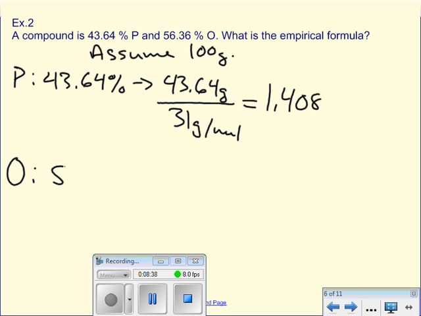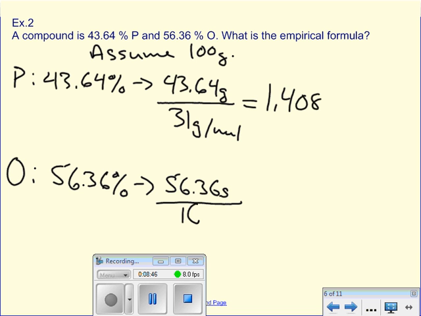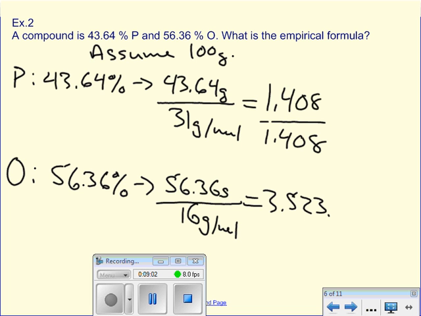Oxygen, I have 56.36%, 56.36 grams, divided by 16 grams per mole. This is going to give me 3.523. 1.408 is the smallest. Divide both by this.